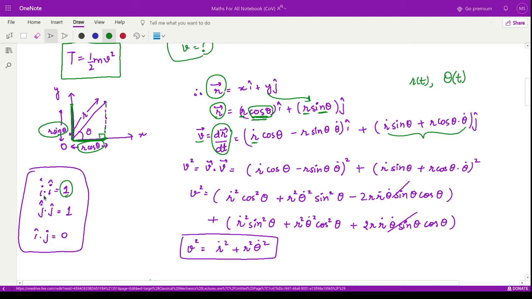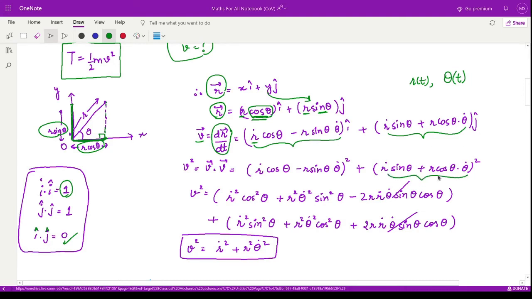Moreover, i cap and j cap are perpendicular to each other, therefore the dot product is equal to 0. So by virtue of that, we have the square of this term, because i into i would be this thing and j into j would be this thing.